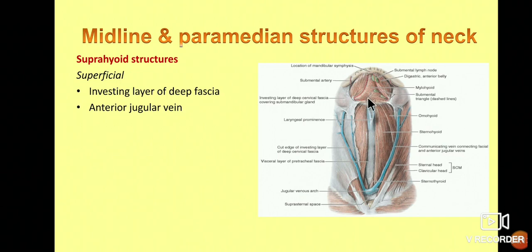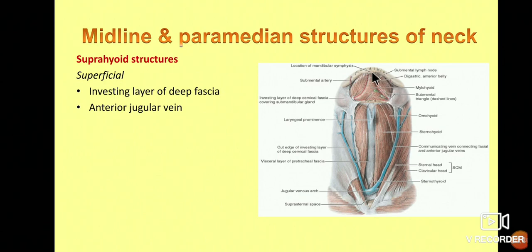It is also called the diaphragma oris or oral diaphragm, and on either side by the two anterior bellies of digastric. These two are suprahyoid muscles. This muscle is responsible for elevating the floor of the mouth and also the hyoid bone. The anterior belly of digastric helps in depressing the mandible.